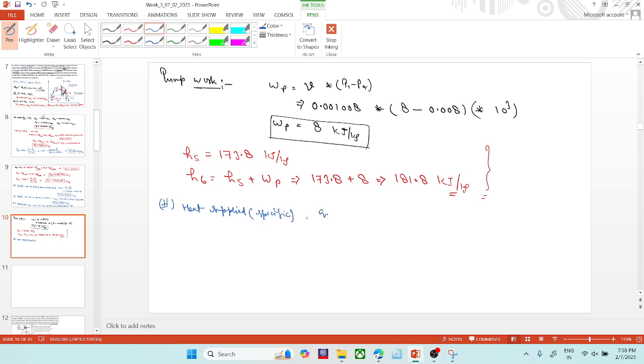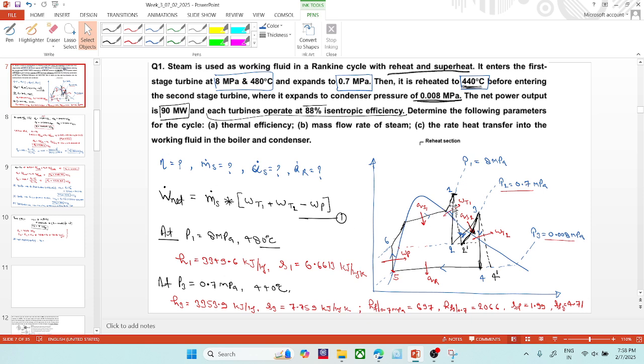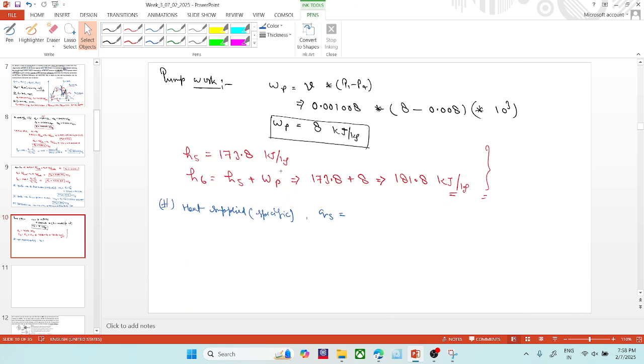Heat supplied QS would be, like here we are having the heat supplied H1 minus H6 plus H3 minus H2 dash. So here at 2 points we are supplying the heat. So the expression would be H1 minus H6 plus H3 minus H2 dash.